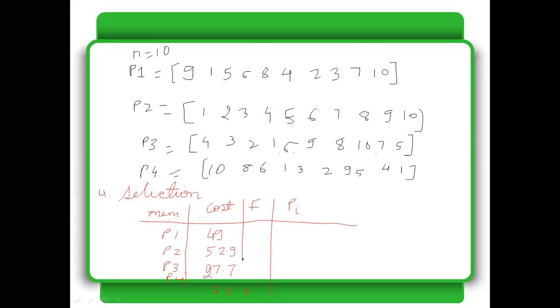We can assume anything. So fitness is nothing but 120 divided by 49, which comes out to be 0.0002. यहाँ पे हमारी जो फिटनेस है ये वैल्यूज बहुत कम आती है. So this is going to come around to 0.002, which is nearly 0.